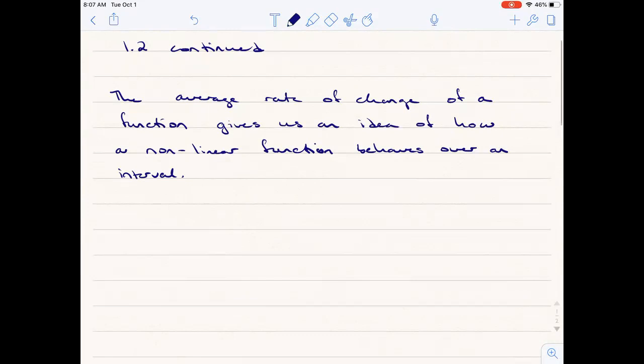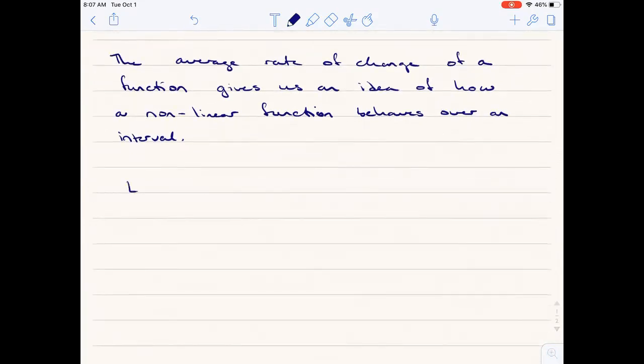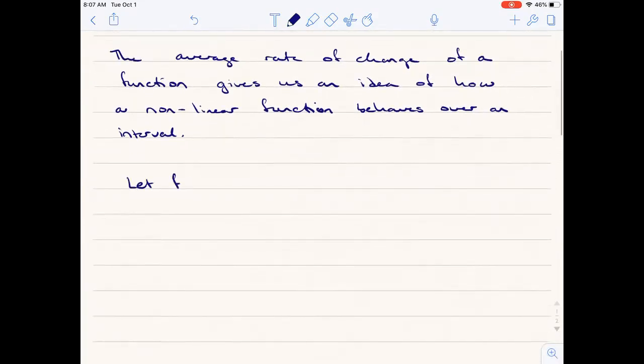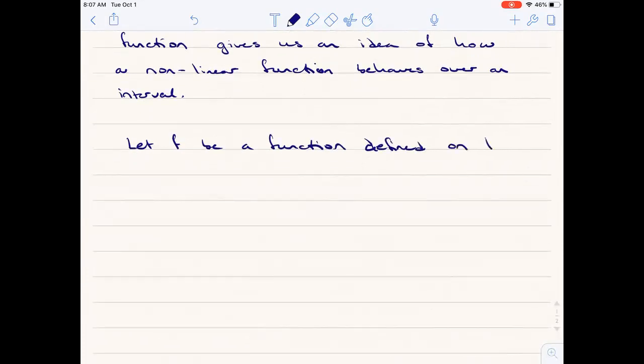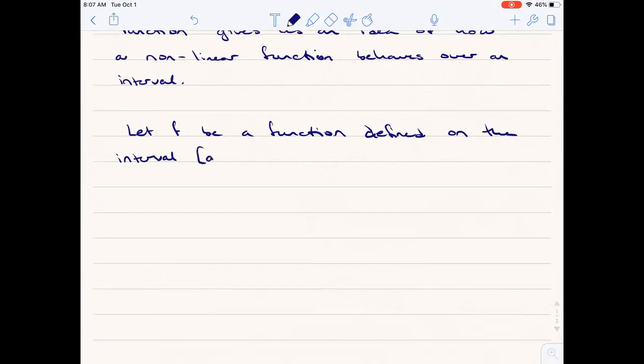So we're going to do the formal definition. So we're going to let f be a function defined on the interval in square brackets a comma b.